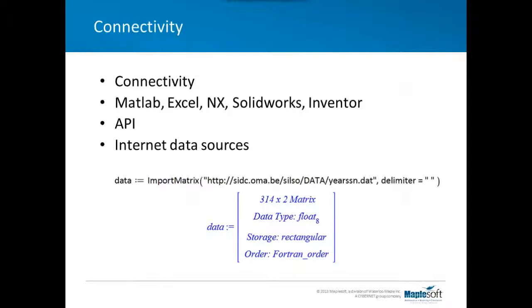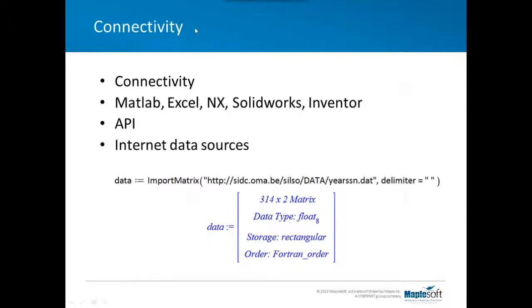Maple also talks to CAD packages like NX, Autodesk, or SolidWorks. This means you can develop a parameterized CAD model, extract its design parameters and constraints into Maple, perform some kind of design optimization, then push those optimized parameters back into the CAD model. And Maple also talks to network data sources.